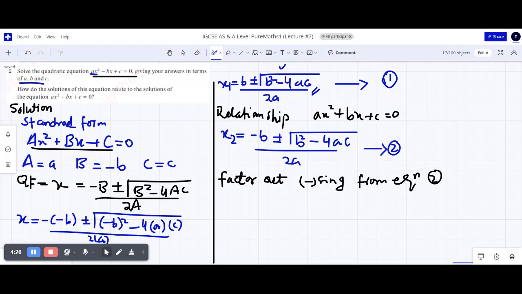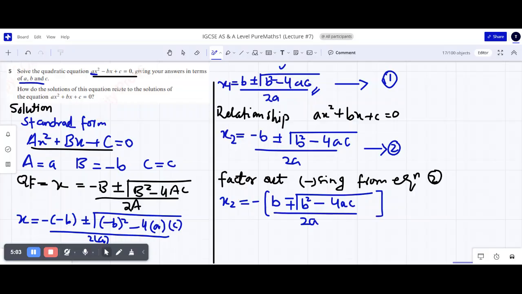Here x2 equals minus, we factor it out, so it becomes b, and the positive sign will change into negative, and negative into positive. When we factor out the negative sign, it changes the rest of all the signs. So outside the root, the sign would be minus and plus, and the remaining values we keep the same. B squared minus 4ac does not change in the root; it only changes the outside values, divided by 2a.